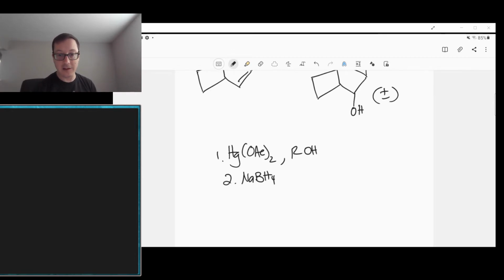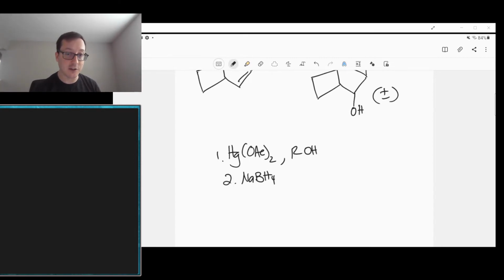So just be aware, don't fall in the hole of thinking this has to be methanol. No, you can use any alcohol, you can use water for this reaction. The only thing that changes is that R group. And so your reaction does the same thing. It's still a Markovnikov addition.